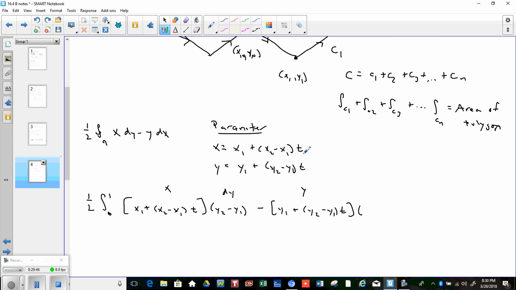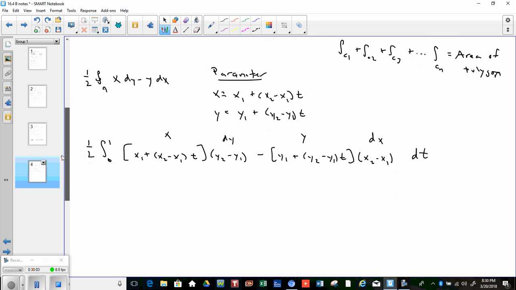It's just going to be the constant out in front of t, so that's going to be x2 minus x1. That's your dx piece right there, that whole thing dt. All right, hopefully that makes sense. And don't worry, this will simplify. It's going to be a little messy up front here, but it will simplify.